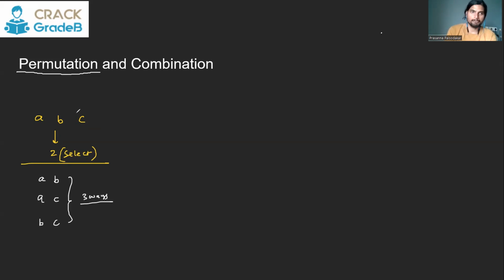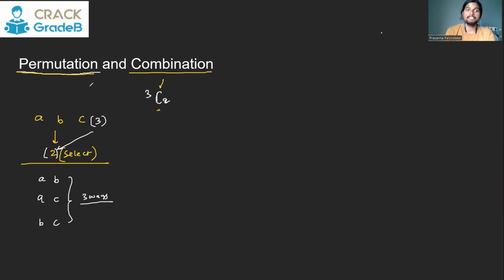So in permutation and combination, we write this situation like this: if you have to select 2 people out of 3 people, you write 3C2. C is for combination. So we write it as 3C2 as long as we are just selecting. This is called the combination.